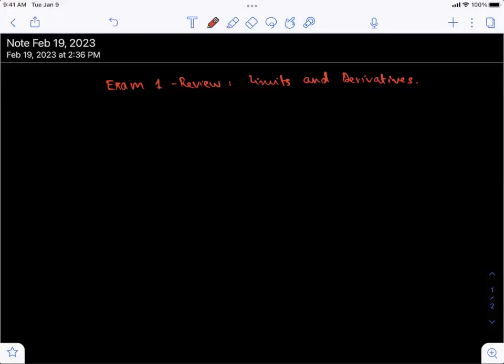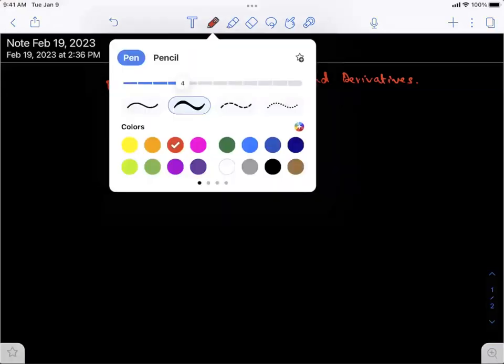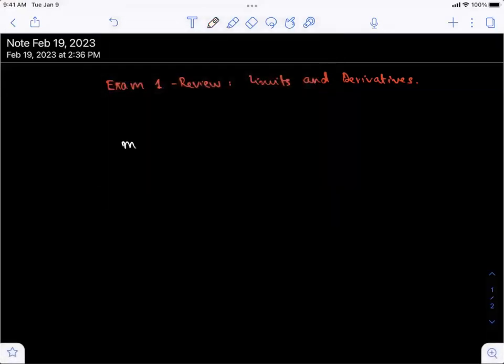The formula is: slope equals y2 minus y1 over x2 minus x1. You can also use the notation f of x2 and f of x1, so f of x2 minus f of x1 over x2 minus x1.